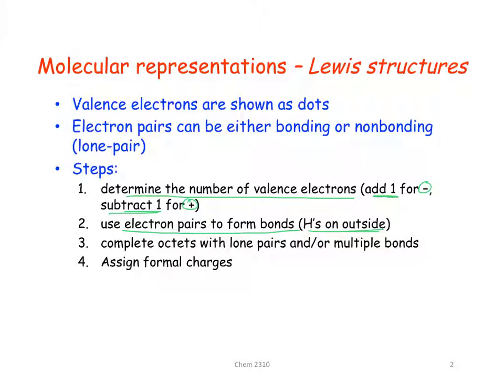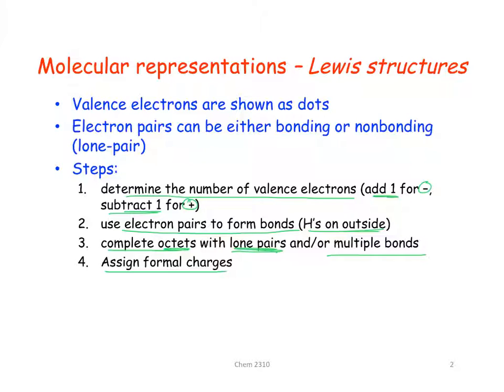We're going to complete the octets of the atoms after we've made the bonds by either using pairs of electrons for lone pairs or non-bonding pairs, or by making multiple bonds like double bonds or triple bonds. And the last thing that we'll do is to assign any formal charges. So if our molecule has a minus or a plus, we're going to have to figure out what atom that belongs on.